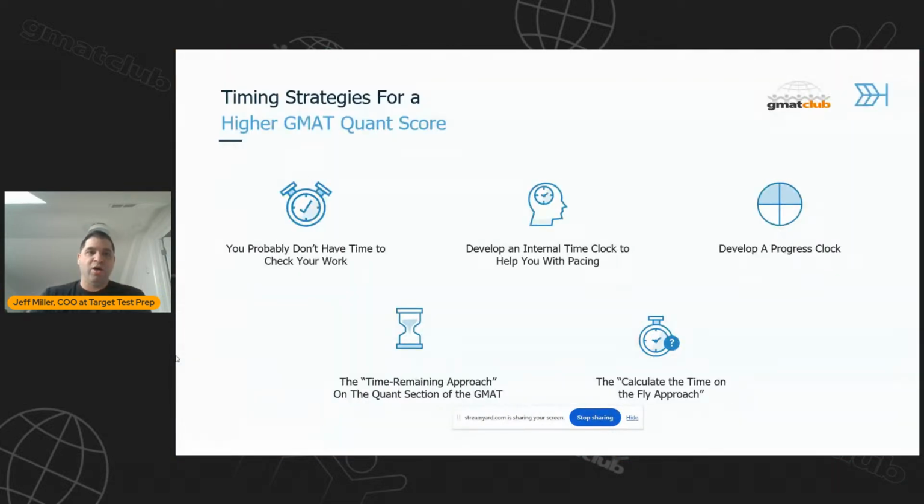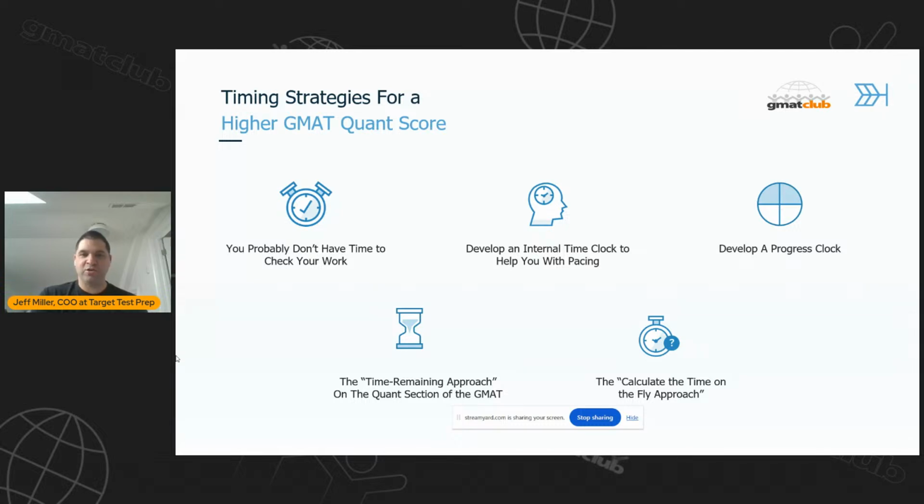All right, so more timing strategies. Checking your work is not possible. Anyone I've heard who has checked their work, it's always been a bad end result because they've wasted time doing it and they've had to guess on the end. Internal clock is huge.